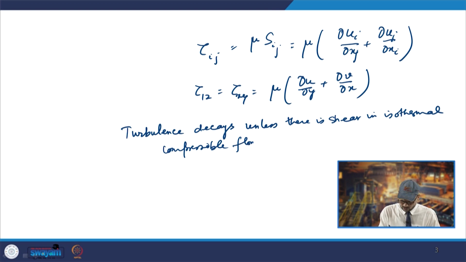So, if there is no shear, then it will be decaying. So, that is there.